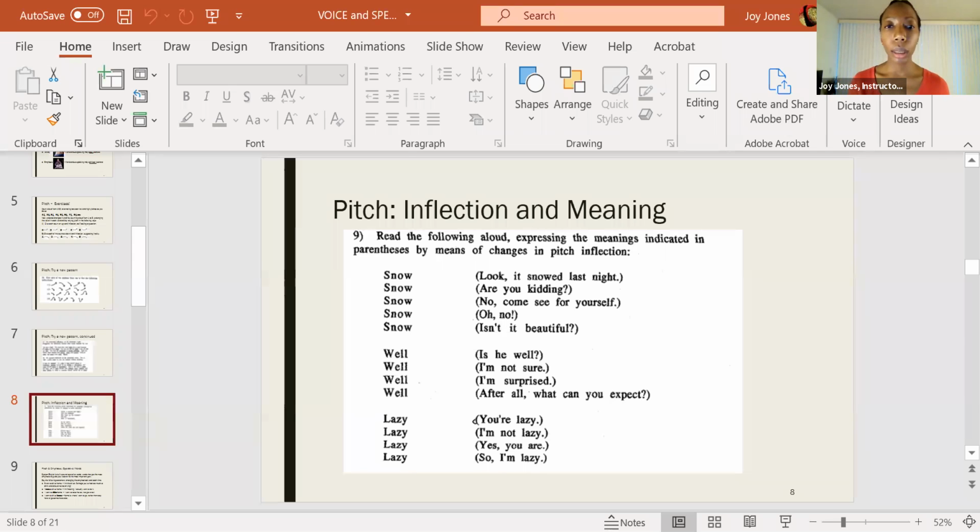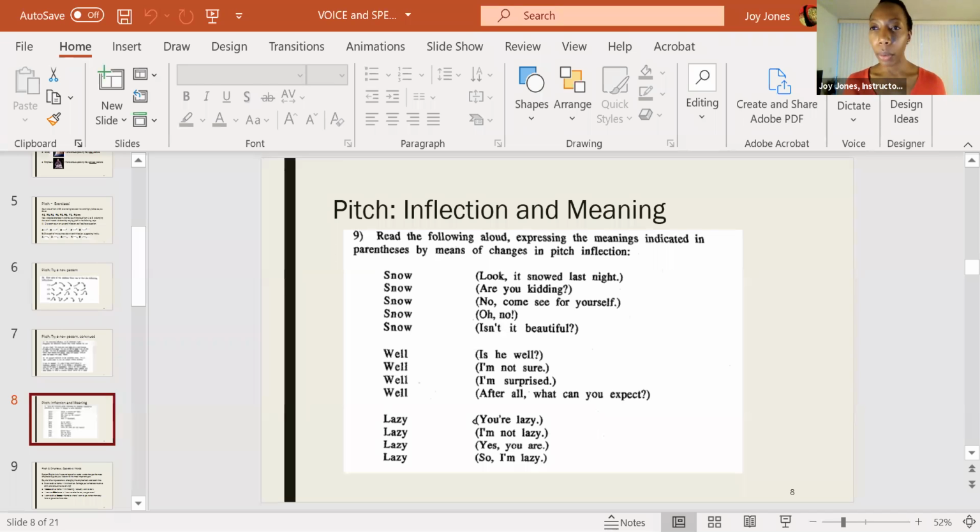Giving the sense of whatever is in the parentheses, the first snow would be snow, and I add a gesture to put the cherry on top, but that one's sort of surprise.